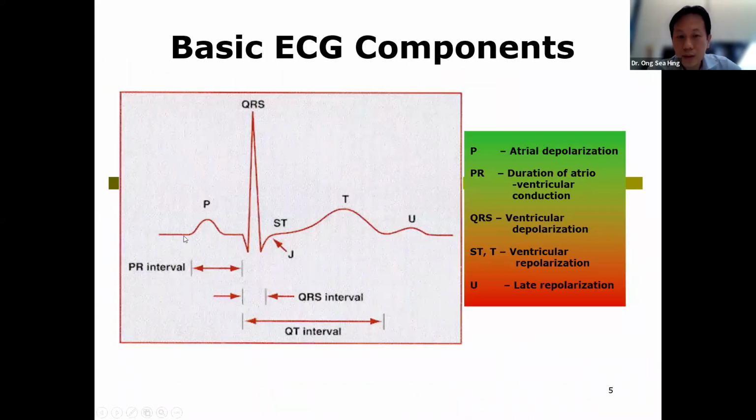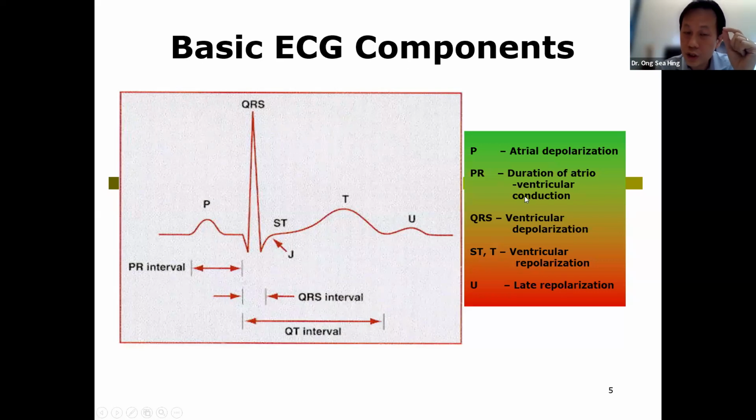We all know the basic components of the ECG. There is the P wave. The P wave basically represents atrial depolarization, and this means the P wave happens when the electricity moves from the sinoatrial node down through the fibers of the atrium, before it reaches the atrioventricular node. So that's the P wave, where the electricity is moving in the atrium. And then the PR interval is basically the duration of the atrioventricular conduction.